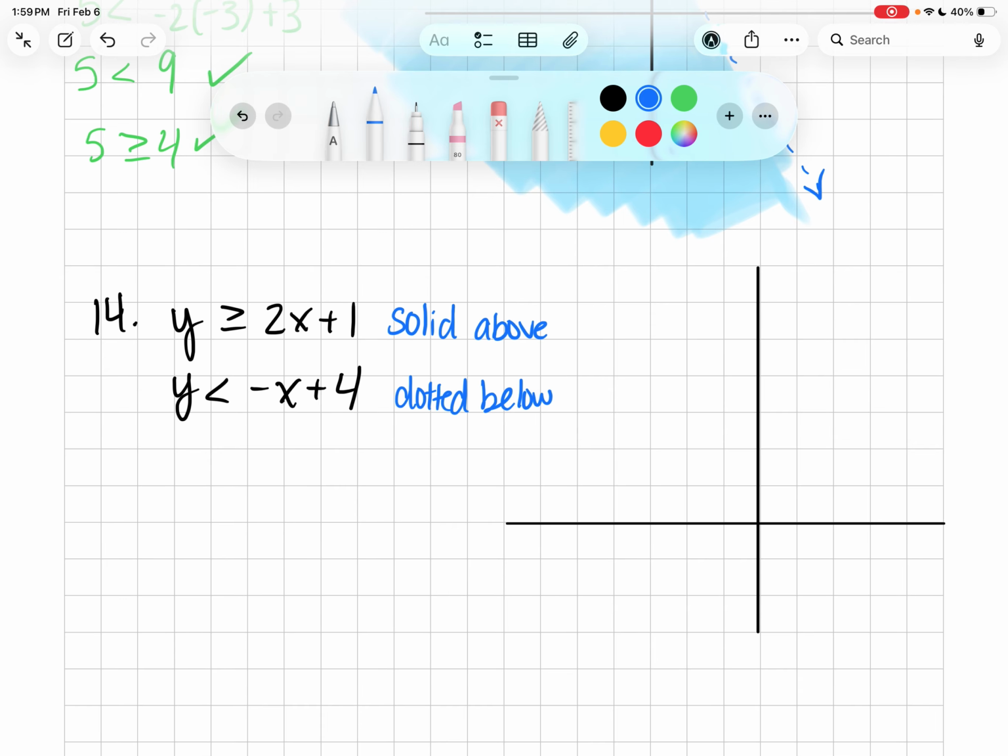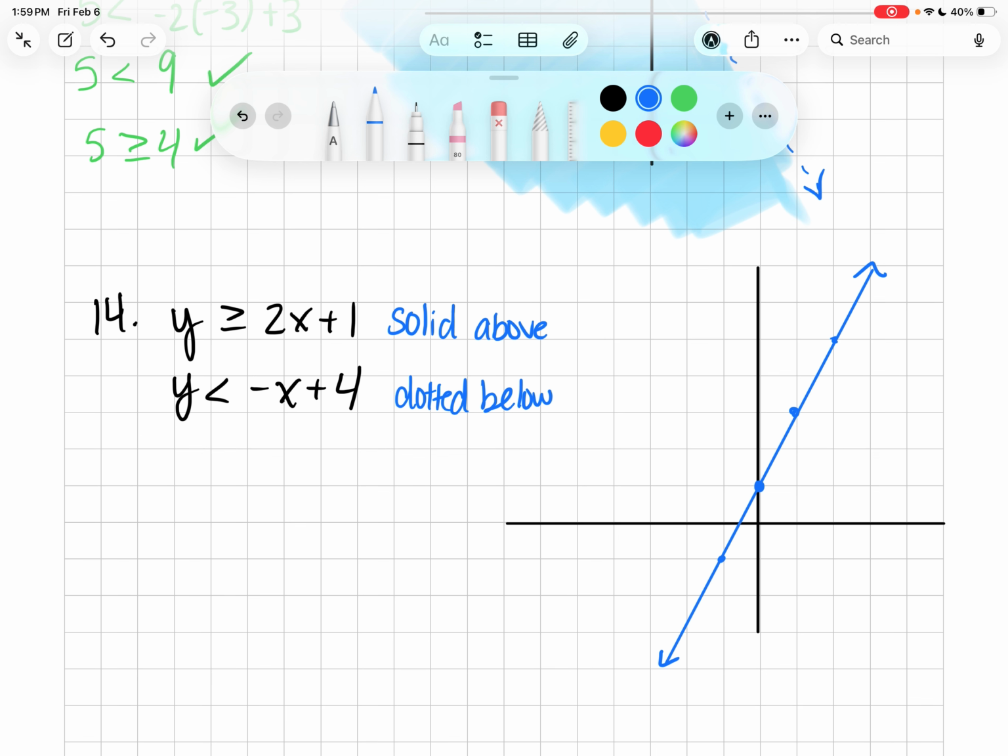So my first one, I've got 2x plus 1, so that means I have a point at 1. And then I have a slope of 2, so that's up 2, right 1 or down 2, back 1. That one is solid. Wait, that's... This is the top line. What is this one?